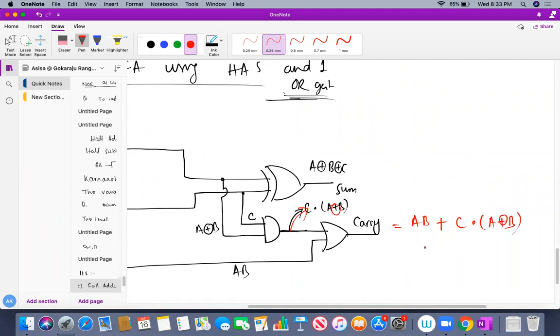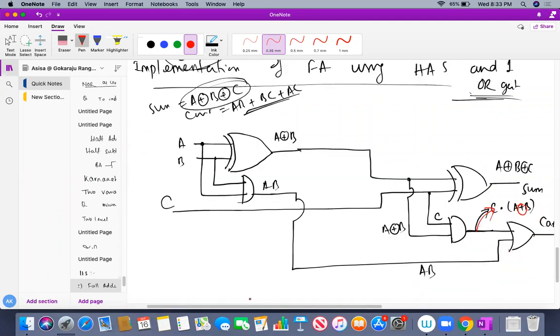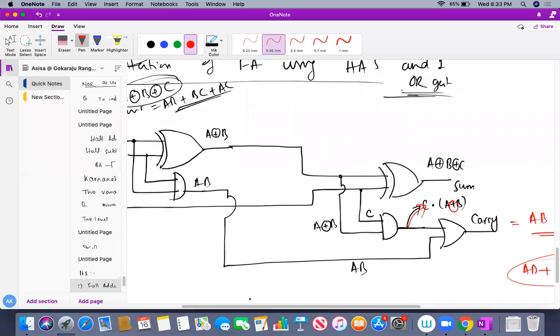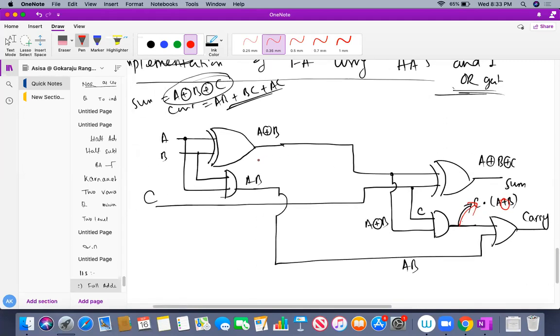Understand, students? If I can prove that this is my carry, which is nothing else but AB, BC and CA, then this carry also holds good, and this circuit also holds good. So how can we prove that? See here.